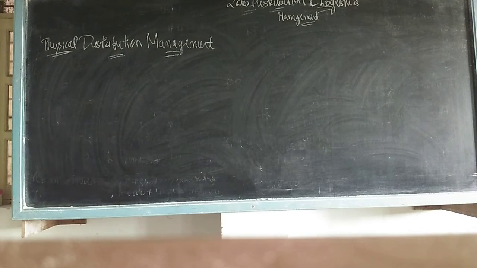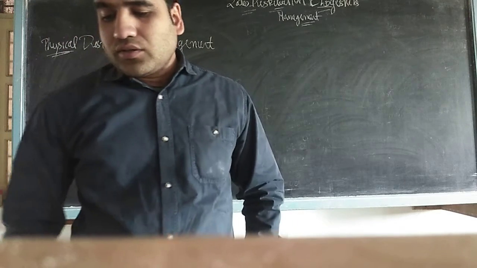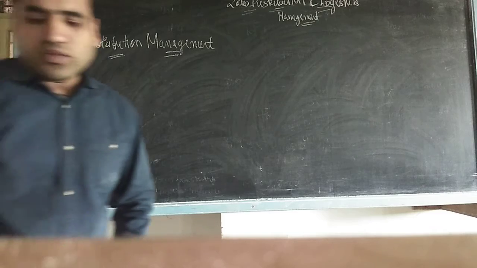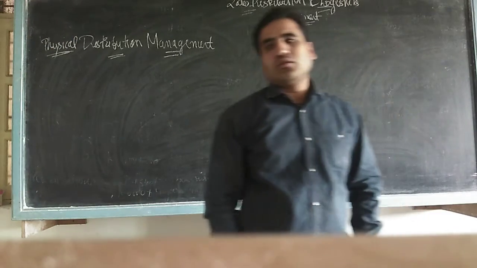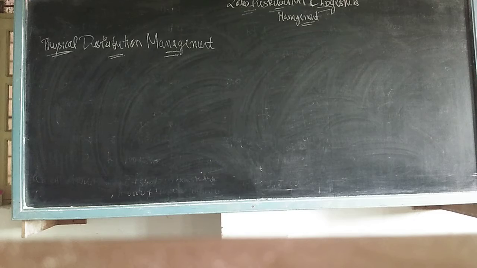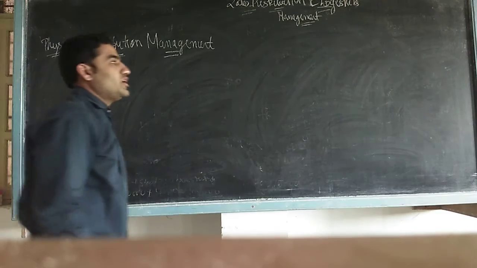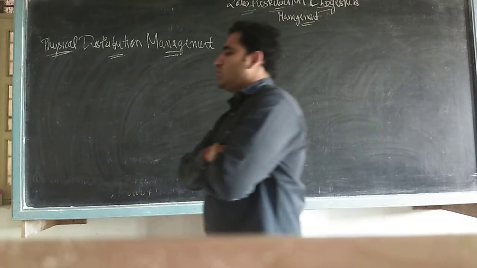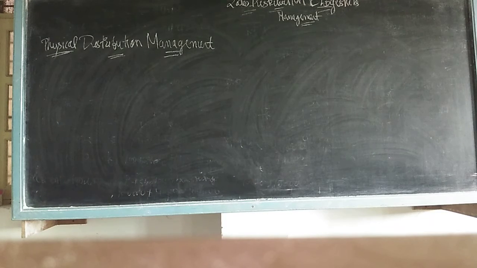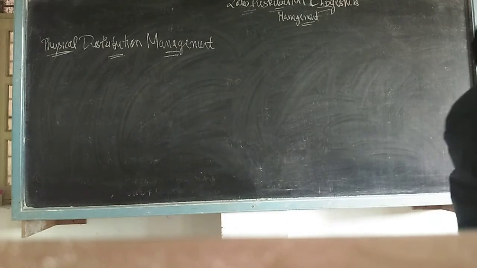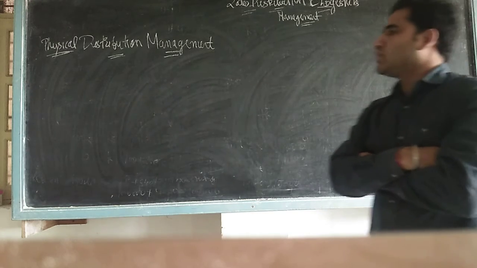Okay, so the simple definition, simple meaning of physical distribution management is, it is the movement of product from the place of manufacturing to the place of consumption. ठीक है, जहां से माल बन रहा है वहां से उसको जहां पर वो फाइनल कंज्यूमर्स तक जिस स्थान पर उसको पहुंचाना है, ठीक है, that method is known as the physical distribution.